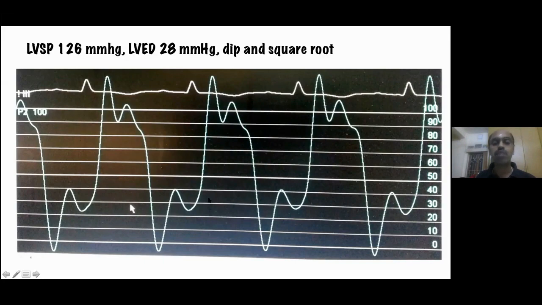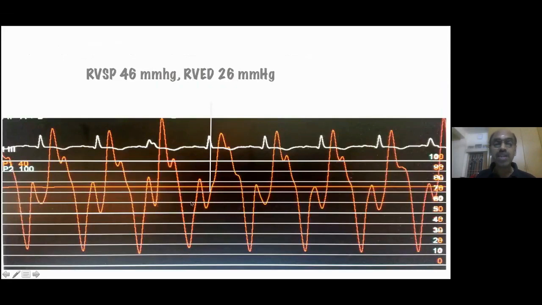End diastolic pressure gets elevated. Right ventricular end diastolic pressure also gets elevated for the same reason. Both the filling of the ventricle across left and right ventricle happens only during early diastole, and during late diastole there is no filling at all. And so in mid and late diastole there is a dip and square root pattern.